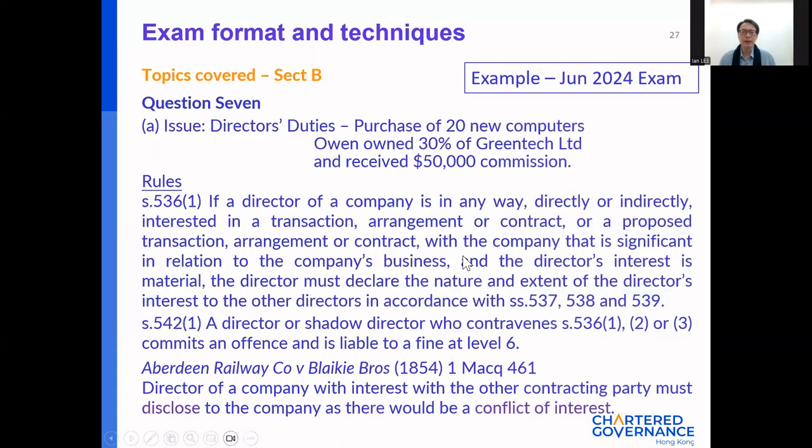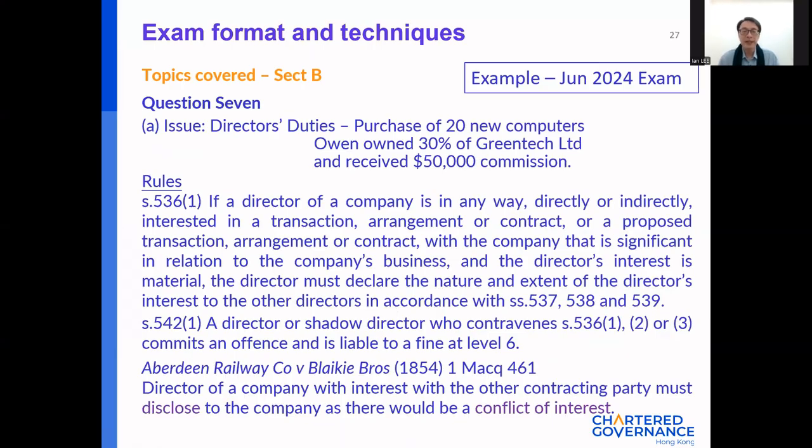So let's focus on part A, on the directors' duties on the purchase of the 20 new computers in which Owen owned 30% of GreenTech and in which he received 50,000 commission. So the starting point will be section 536 of the Companies Ordinance.